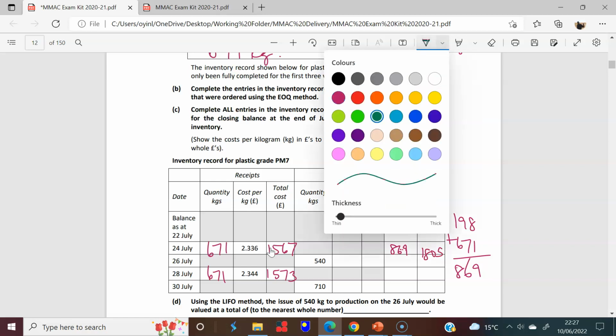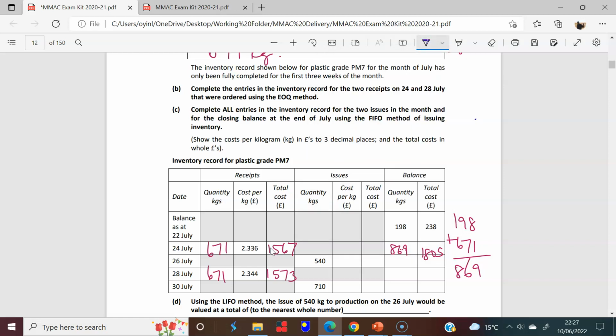Right, so what we are saying now is that it tells us to complete all entries using the FIFO method for issuing inventory. So what does that mean? That means that out of these 540, 198 of them, I'm sure you'll agree with that, are valued at £238, of course. And now for the balance of them, I do know the individual cost per unit.